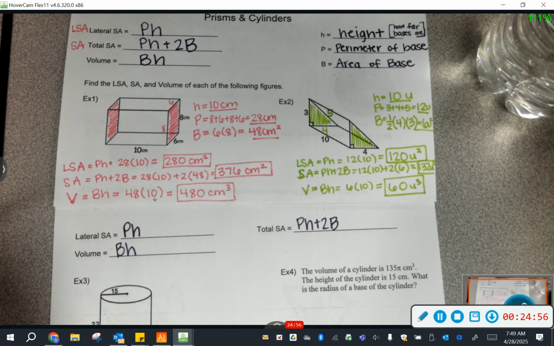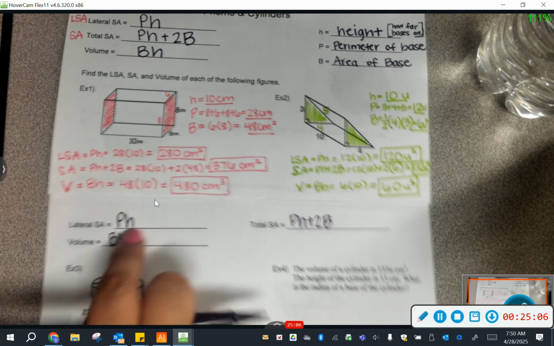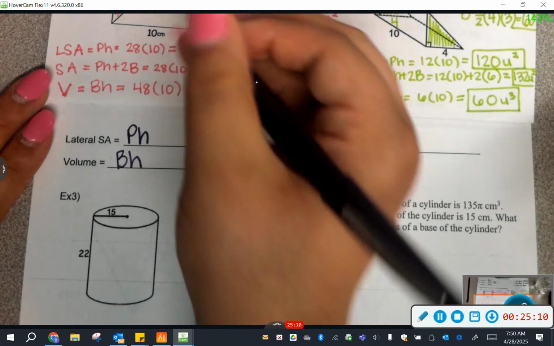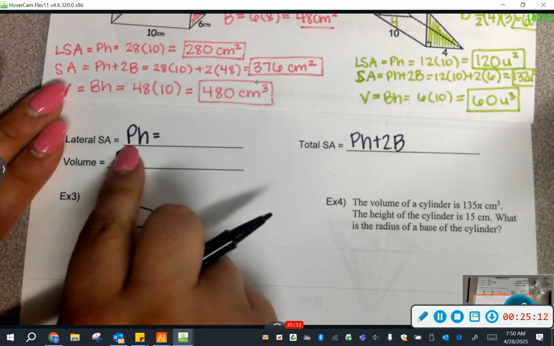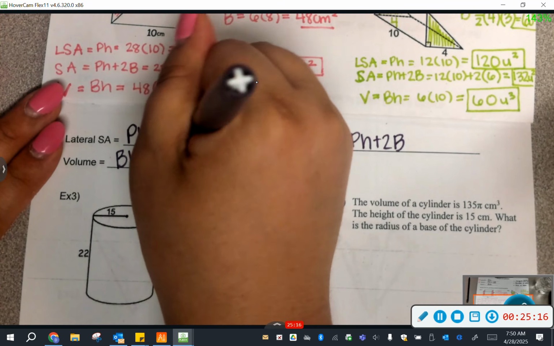Not 2r squared, I said that wrong. As a reminder, the perimeter of a circle is circumference, 2 pi r. So I'm actually going to give you that reminder, the perimeter of a circle is 2 pi r.